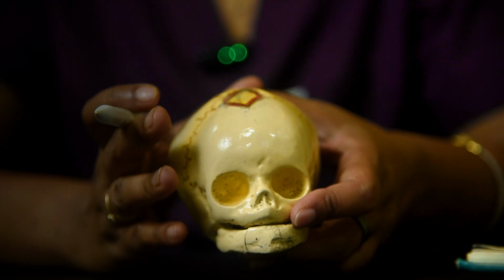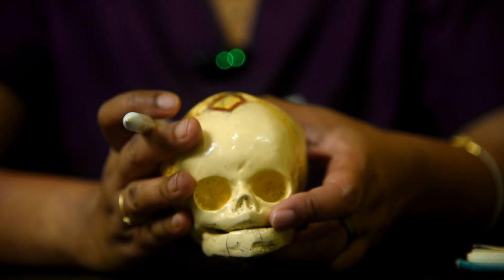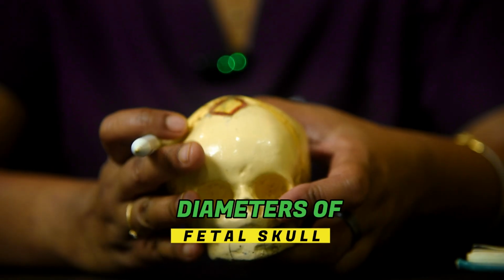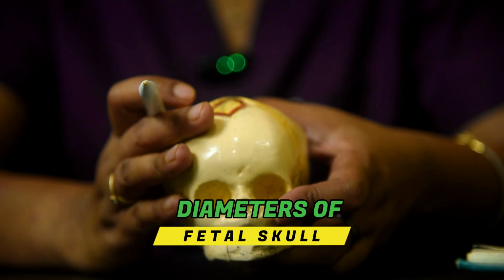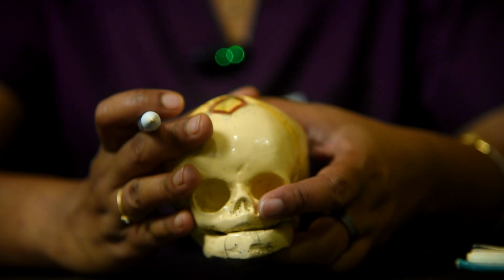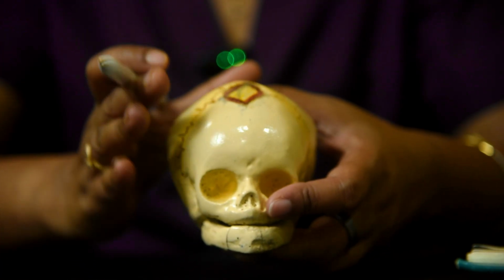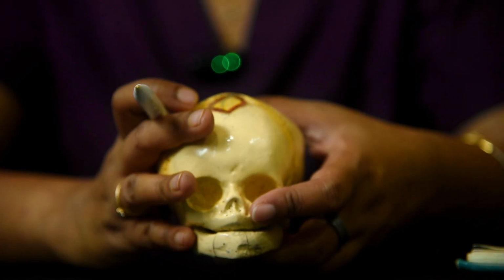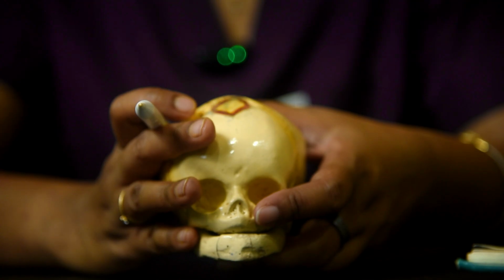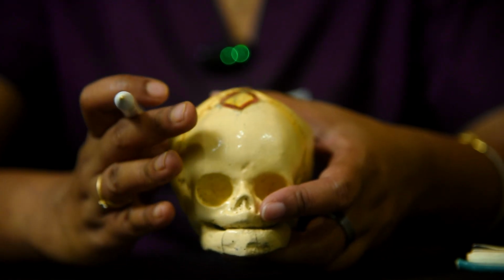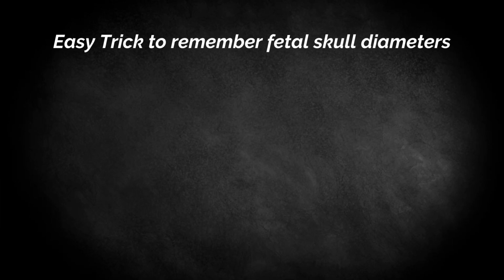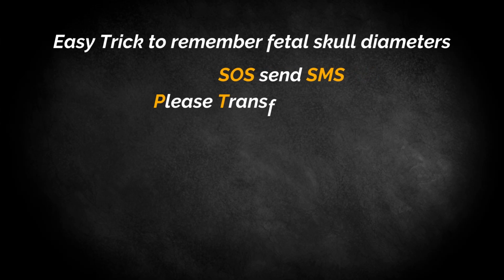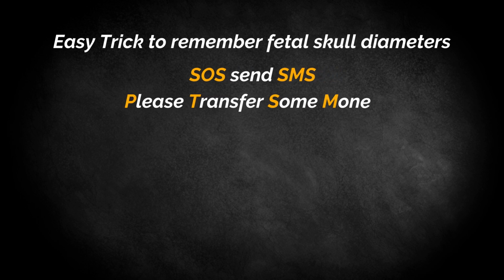Next, the most important and exciting part of the fetal skull is its diameters, which are very important to know because the mechanism of labor and the birth process mostly depend upon the diameters of the fetal skull. Here, I am going to give you the fetal skull diameters in a very simple way by a simple line: SOS, send SMS, please transfer some money.